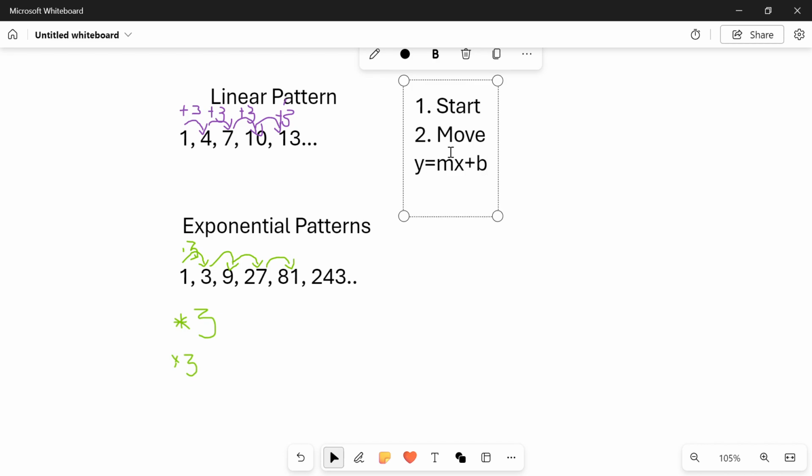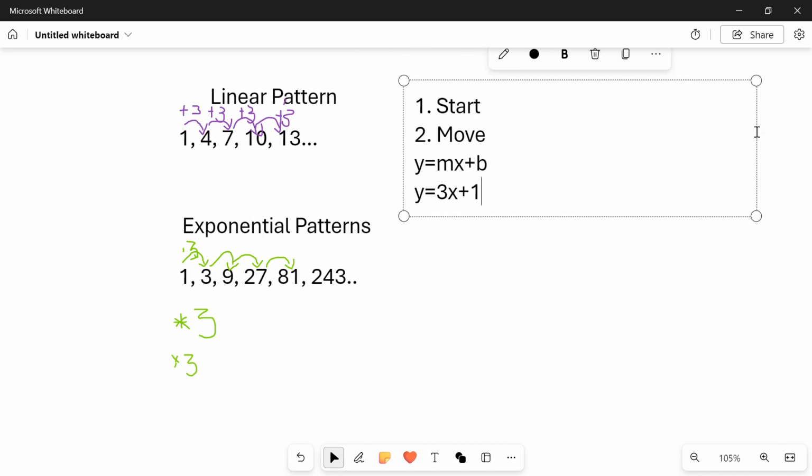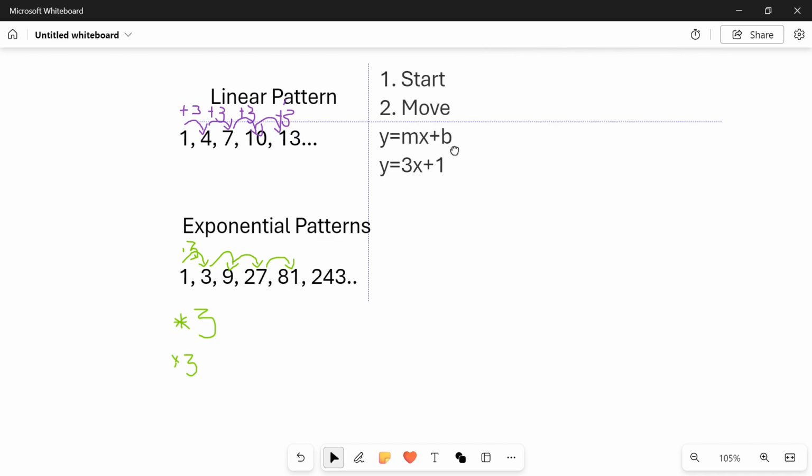With this pattern here, it began at 1, so y equals, the b part is going to be 1, and it is moving up 3 each time. So I would go 3x plus 1. That's this whole pattern, and you've done it before, okay? And that is all there is to this pattern. That's all you have to do, is figure out where did it begin and how did it move.